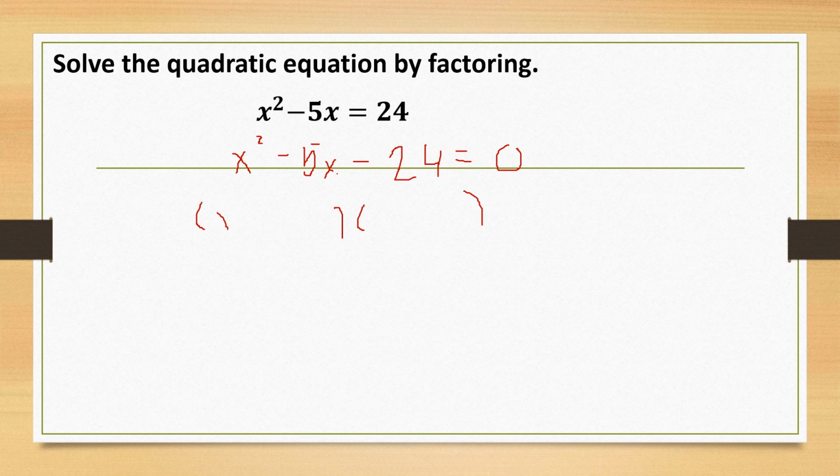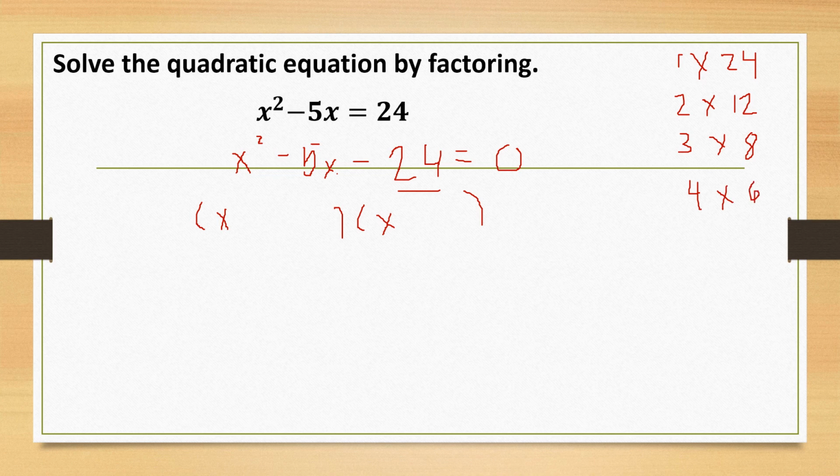For x squared, we have x times x. For 24, let us first list the factor pairs of 24. We have 1 times 24, 2 times 12, 3 times 8, and 4 times 6.